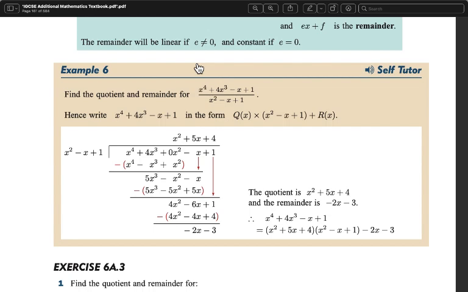To obtain the highest power of x⁴, you need to divide. There is only x² in the divisor, so the quotient will have to be x² to obtain the highest power of x⁴.